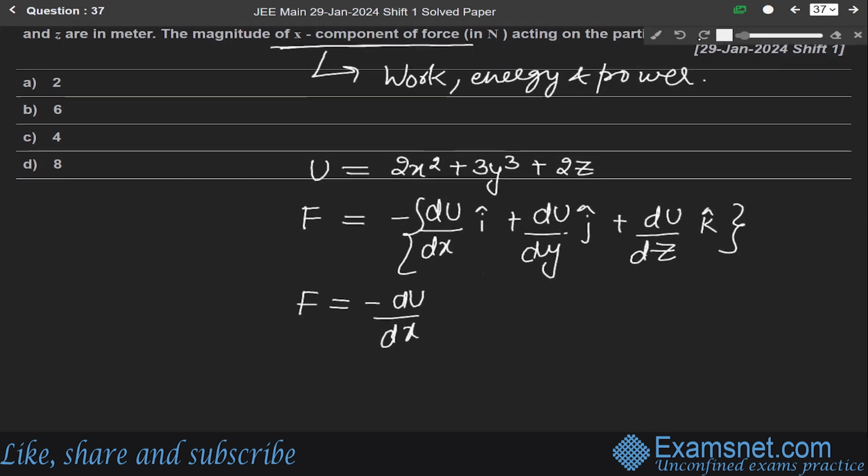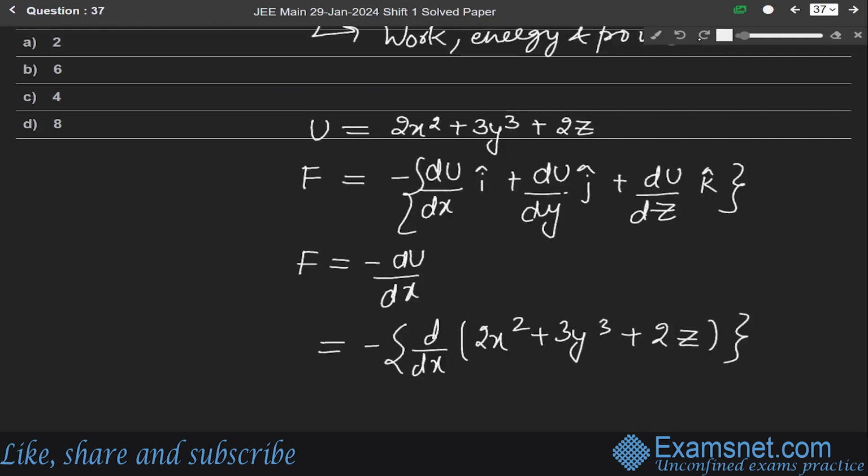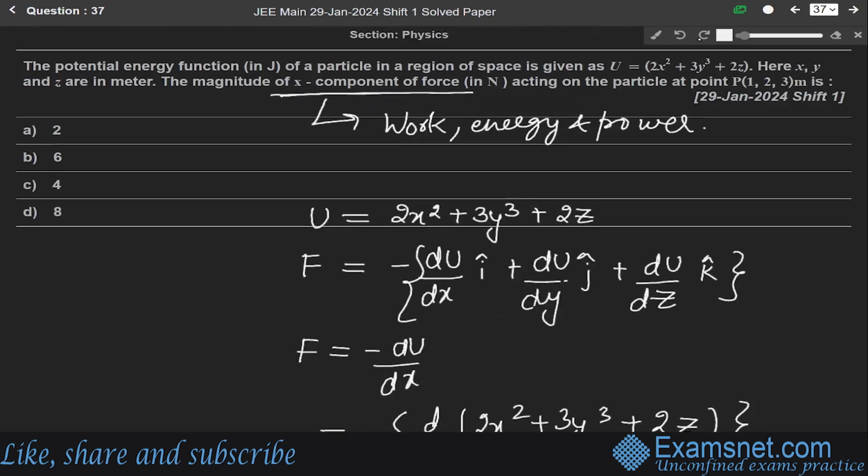Now differentiating the given potential with respect to x, d by dx of 2x square plus 3y cube plus 2z, it will be equal to minus 4x. So F will be equal to 4 Newton. So our answer is 4 Newton.